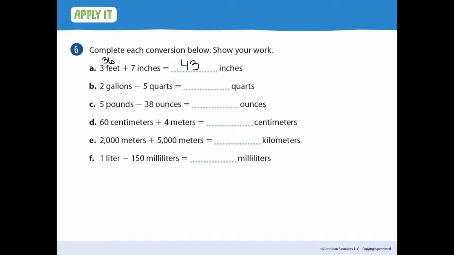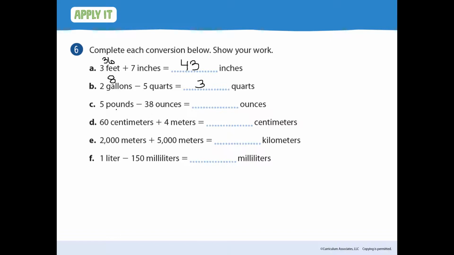Okay, 2 gallons minus 5 quarts. So there's 4 quarts in a gallon, so 2 gallons would be 8 quarts, minus 5 quarts is 3 quarts. Okay, 5 pounds minus 38 ounces equals how many ounces?